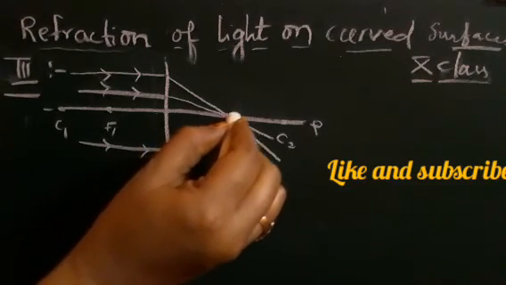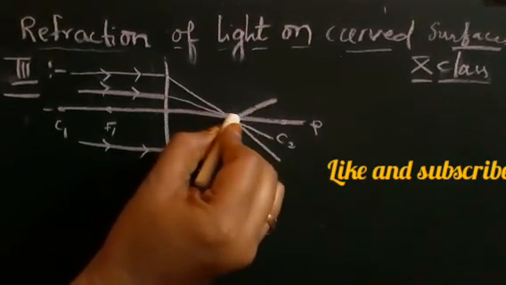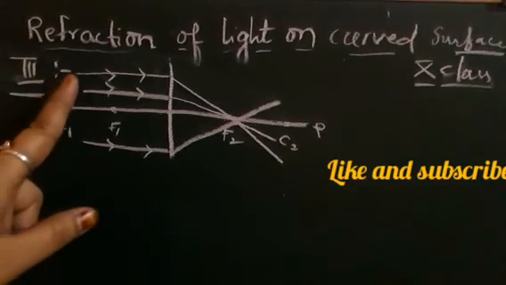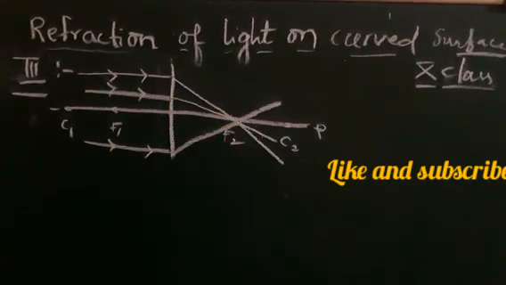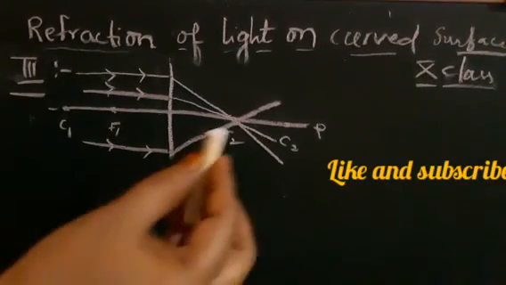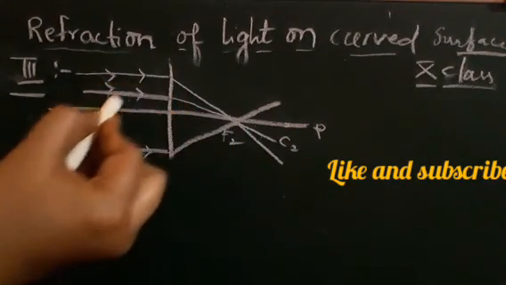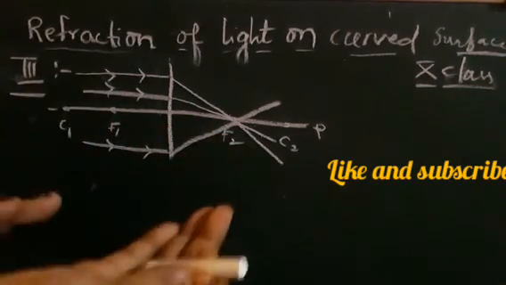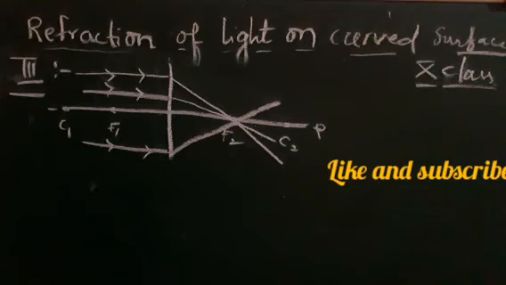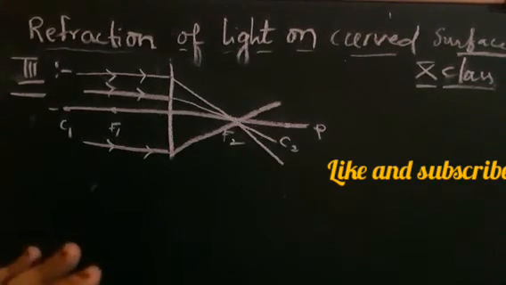All the rays which are parallel to the principal axis will converge at the focus. Either side: if it is coming from the right, it will converge at the left. If it is coming from the left, it will converge at the right.